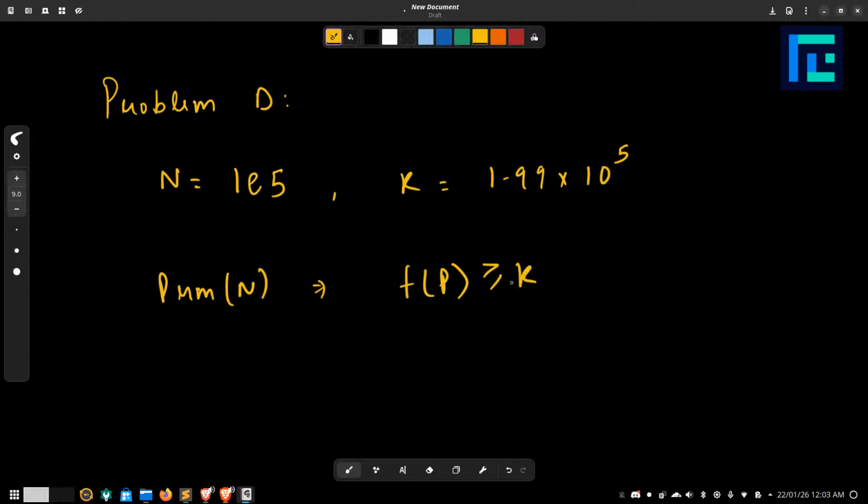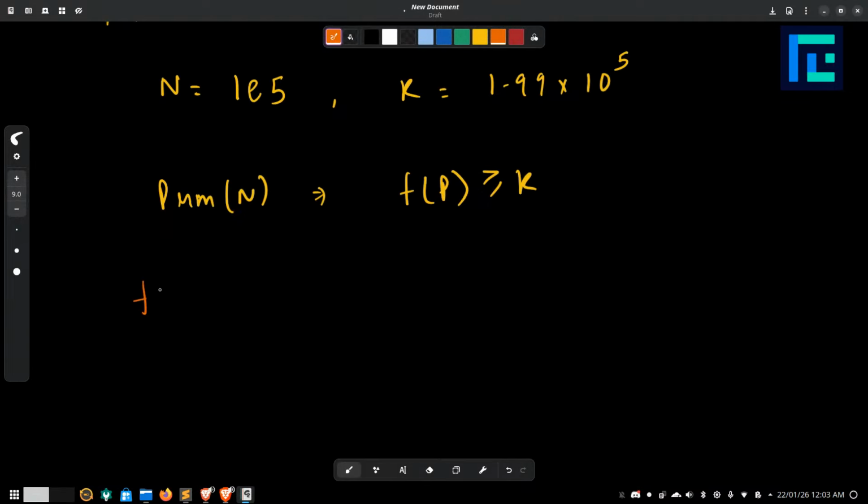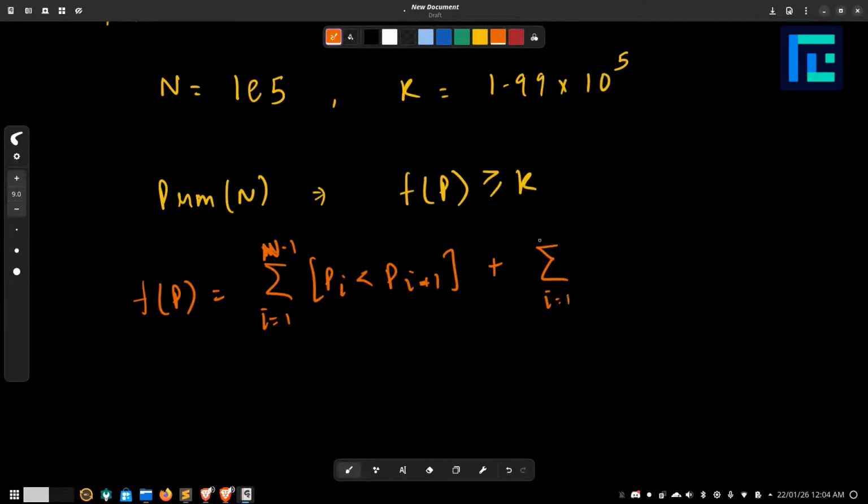Now let's see the definition of f of p. f of p is nothing but the summation from i equal to 1 till n minus 1 of [p of i is less than p of i plus 1], plus the summation from i equal to 1 till n minus 1 of [q of i is greater than q of i plus 1]. And obviously, each bracket represents 1 if true and 0 if false.